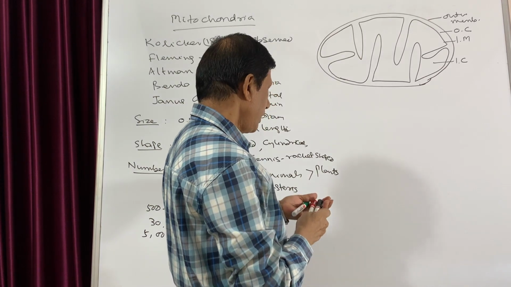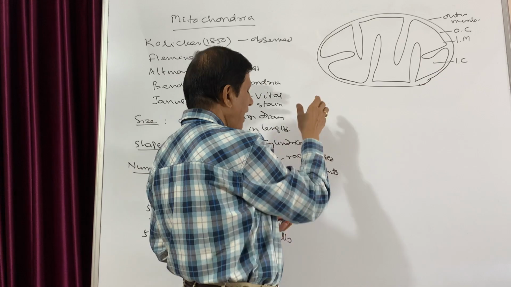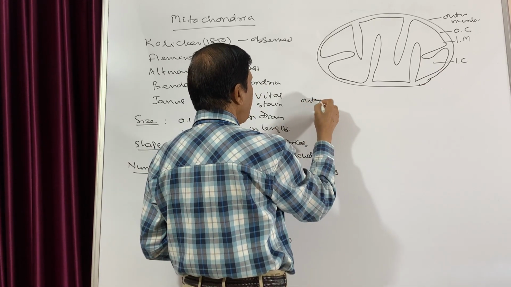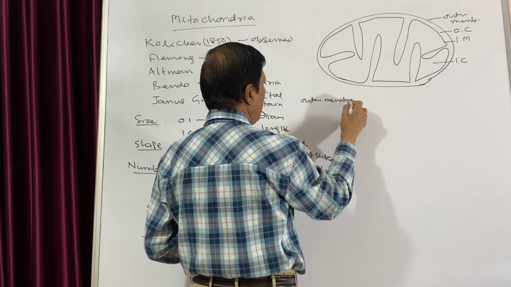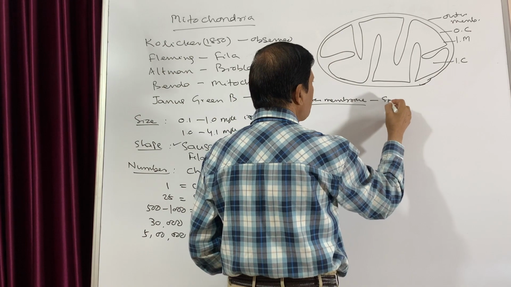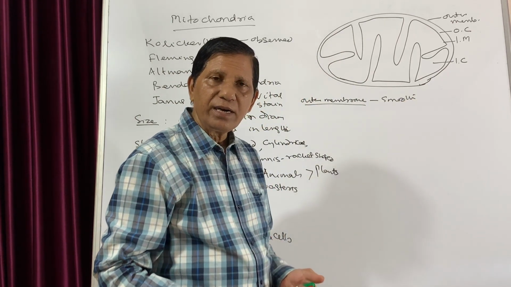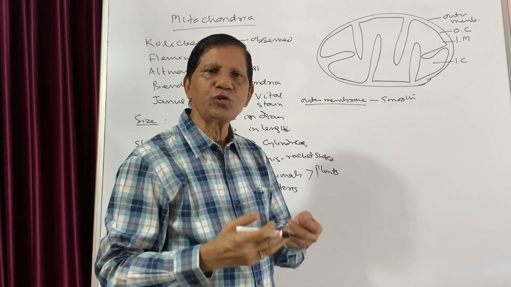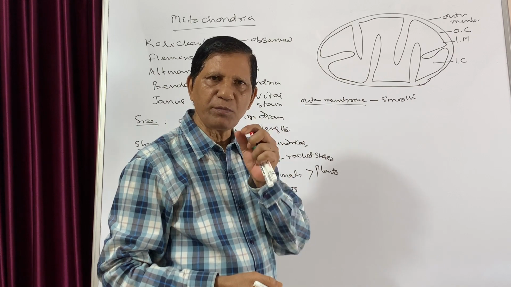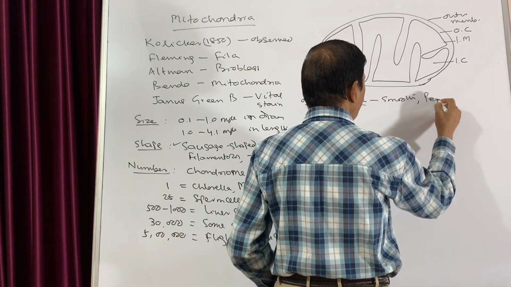Now we'll discuss the outer membrane. As you see, it is quite smooth, and it is permeable to most metabolites because it contains a special type of protein known as porins.